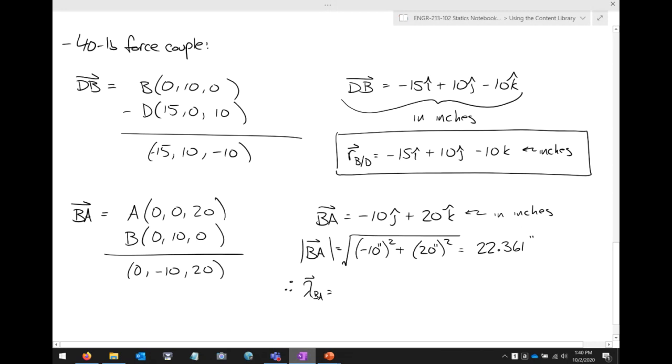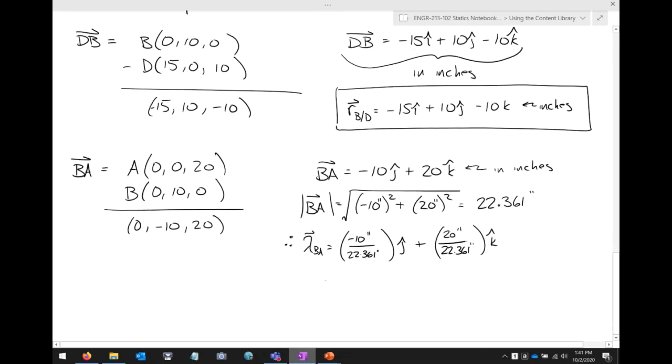And so therefore, my unit vector is going to be that plus that.